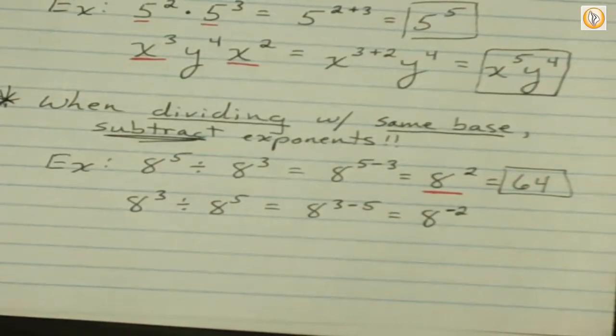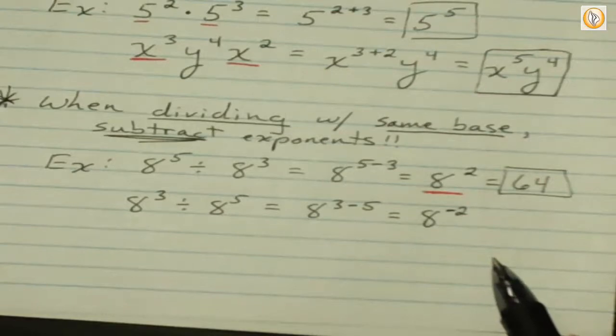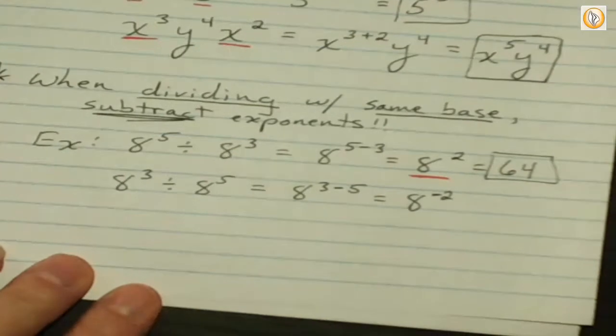Who remembers what to do to get rid of that negative exponent? Michaela, do you know? Add it to the 8. I don't know. Oh, you missed the first part of the year. Don't you move the sign to the 8?